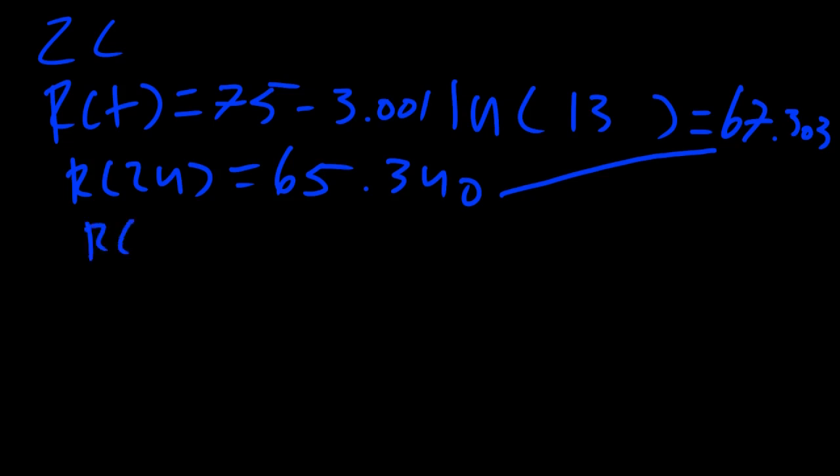Now let's move on to the third year. We plug in 36, and we would get 64.164. It's still valid. The difference between R24 and R36 is still greater than 1.